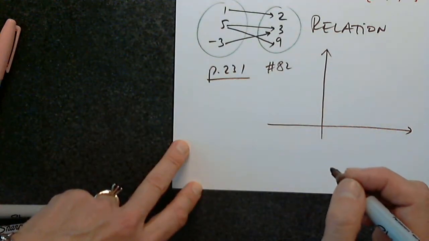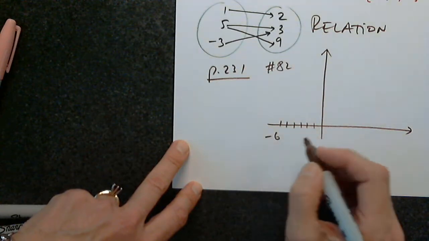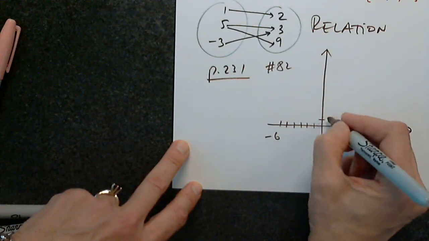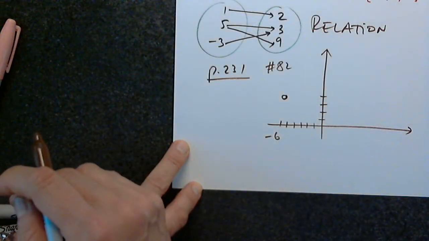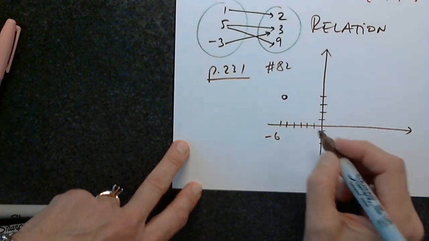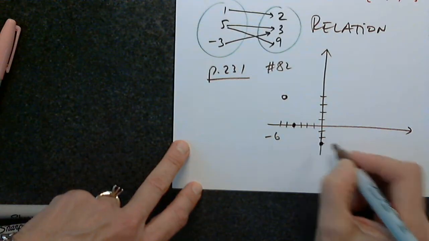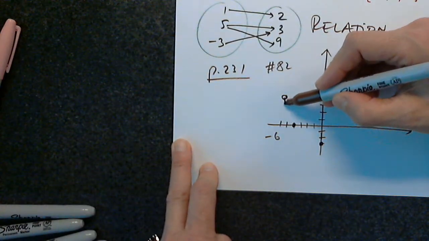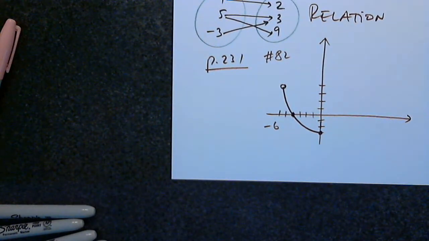So in problem 82, and it goes down to, so this is the graph. Now, we have several questions to answer here.